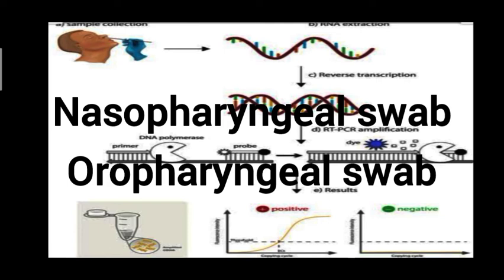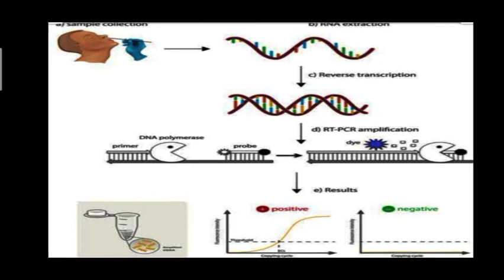The swab is put in a vial containing a buffer solution which preserves the virus until the sample is processed. The genetic material in the sample, viral, bacterial and human, is extracted and purified using buffer solution.